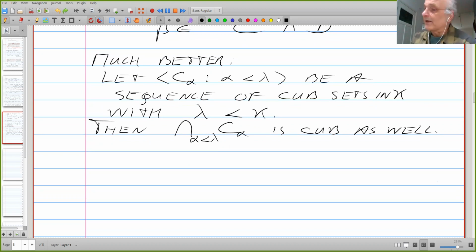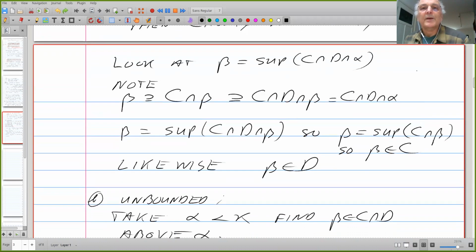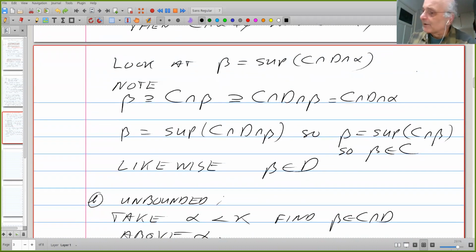So how do we prove that? Why is it closed? Well, in this case, you can simply copy the thing for 2 closed unbounded sets, because remember how that went. We found out that beta, let me underline this, was the supremum of the intersection of C and D and beta.